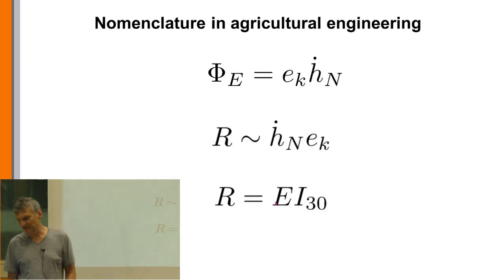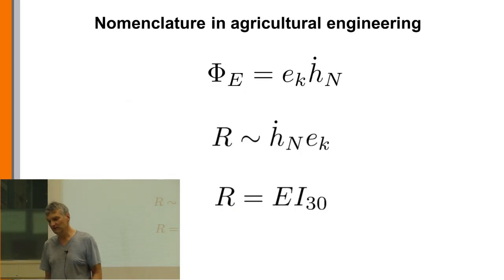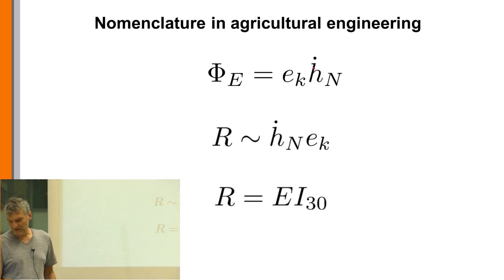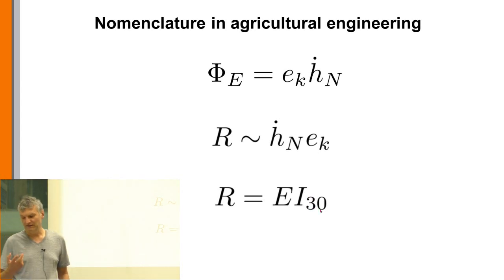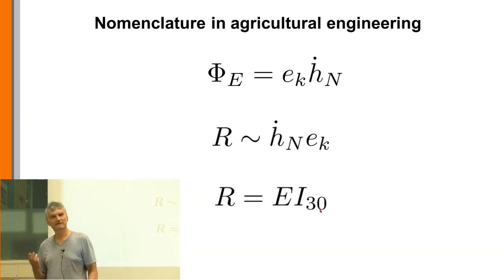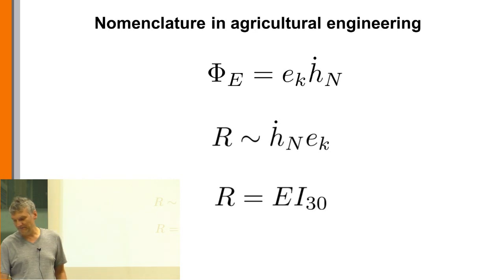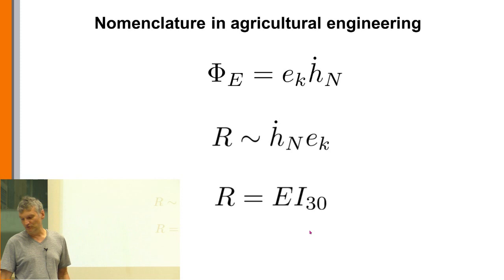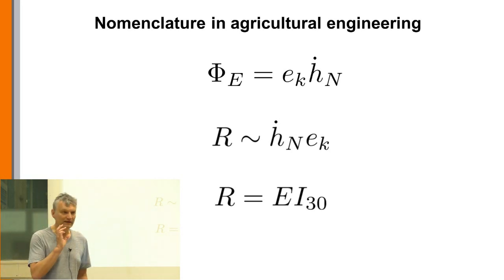The next question is, after we looked at the nomenclature in agricultural engineering, where the kinetic energy density is called capital E and the rainfall intensity is capital I30, the maximum rainfall intensity in 30 minutes, then we can calculate the rainfall erosivity of one rainfall event.